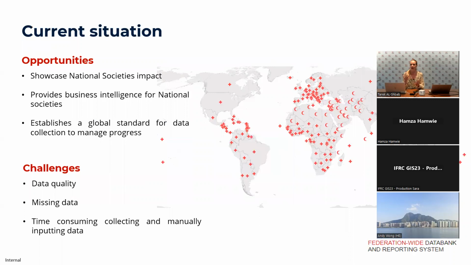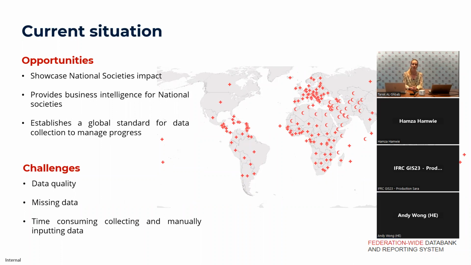So I've gone a little bit over our team, what we do, and our annual data collection process. As you can see, there are a number of really great opportunities that we have here. This annual data collection process allows us to showcase each national society's impact. What are they doing to contribute to the movement? In addition to that, it allows us to have business intelligence for the national societies.